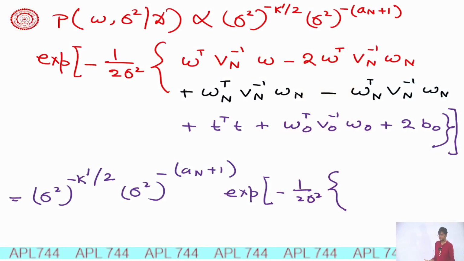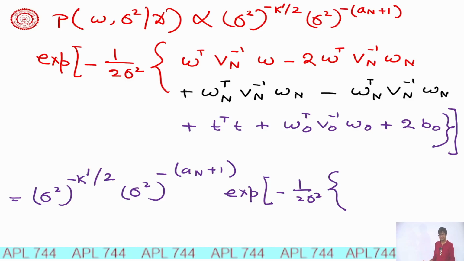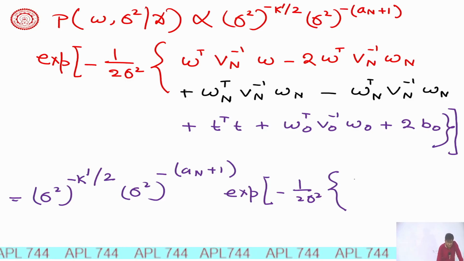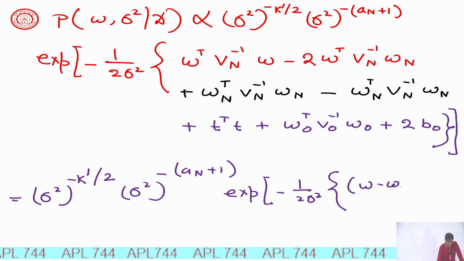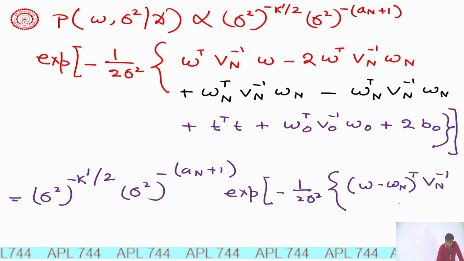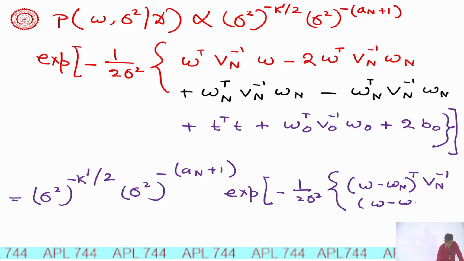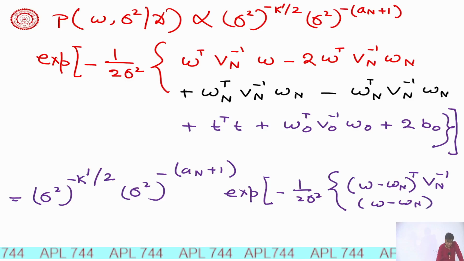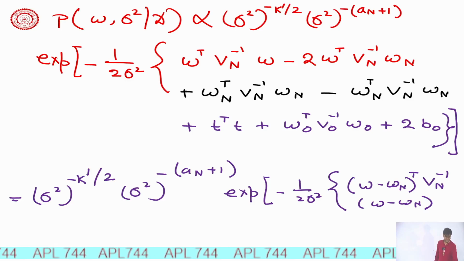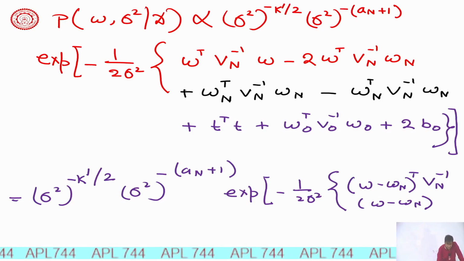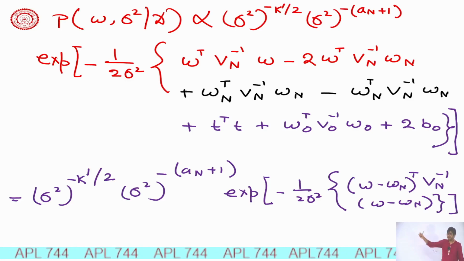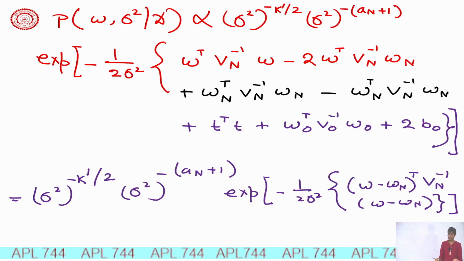W minus W_n transpose, V_n inverse, W minus W_n. The Gaussian part is now there. So this should be W minus W_n transpose V_n inverse W minus W_n. Okay. So now let me close the bracket. And whatever is remaining, that I will keep as a separate exponential.